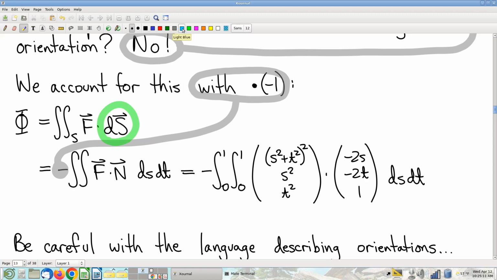What decides what direction this thing here points that I seem to have replaced it with? What controls the direction of capital N? It's the parameterization. It's not got anything to do with the statement of the question, right? This capital N comes directly out of the parameterization.